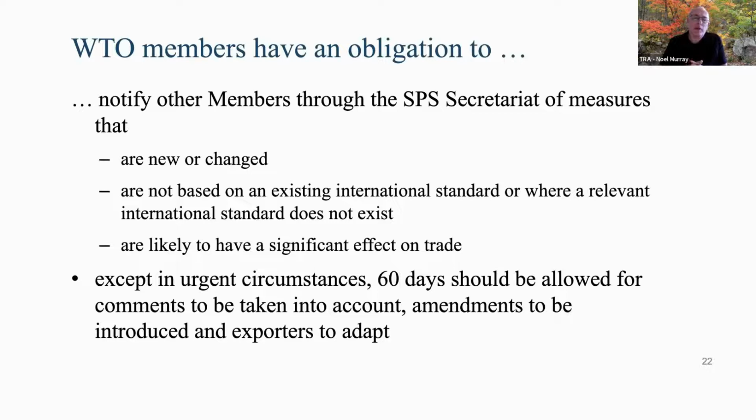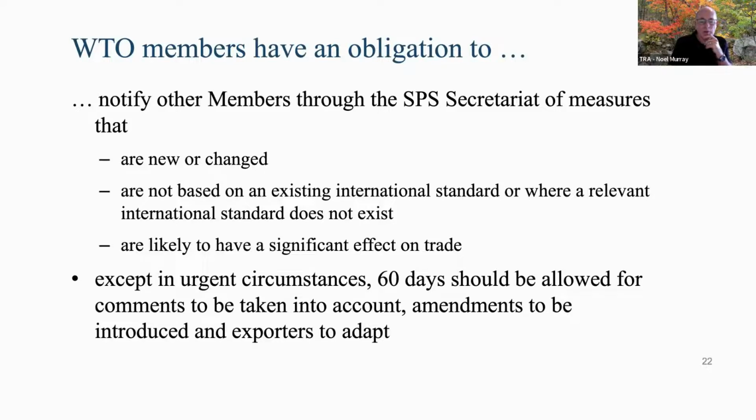As Thomas indicated in an earlier session, WTO members have an obligation to notify other members through the SPS Secretariat of measures that are new or perhaps changed, that are not based on an existing international standard, or where an international standard doesn't actually exist, and where those measures are likely to have a significant effect on trade.